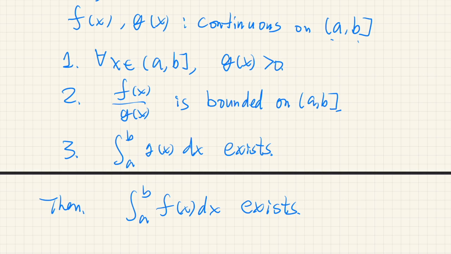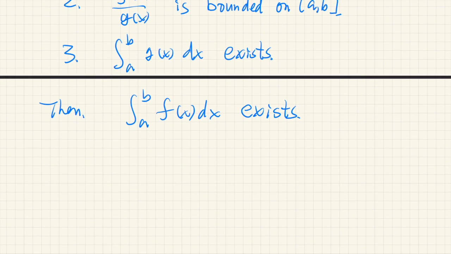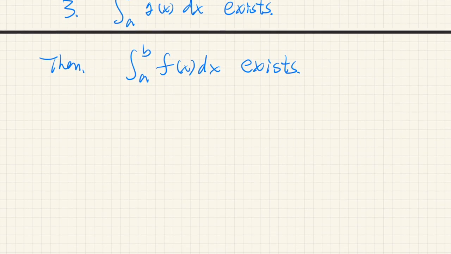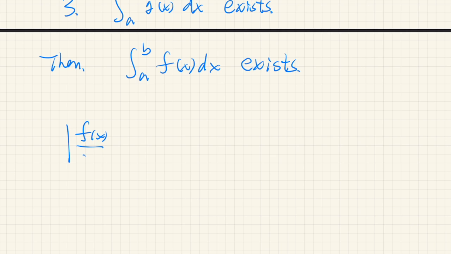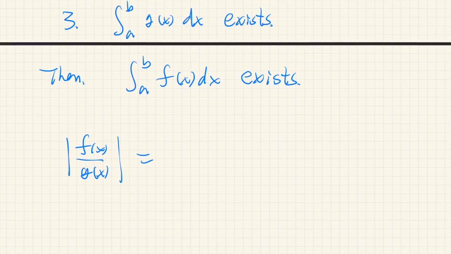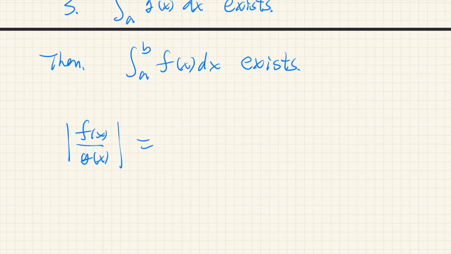Actually, proving this corollary is very easy. By the second condition, f of x over g of x is bounded. From condition 1, g of x is positive, so the absolute value of f over g is equal to the absolute value of f of x over g of x, and we can get rid of the absolute value sign on g of x.